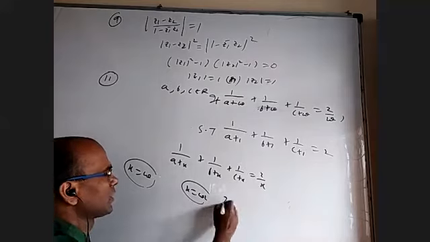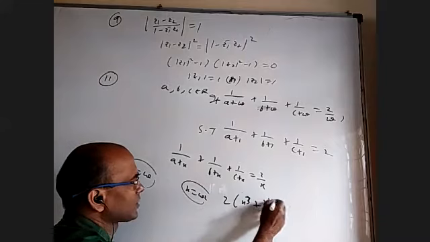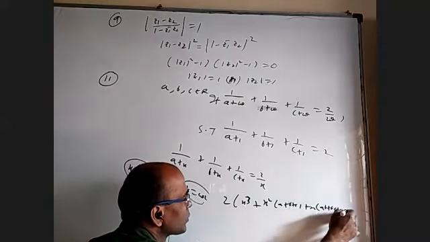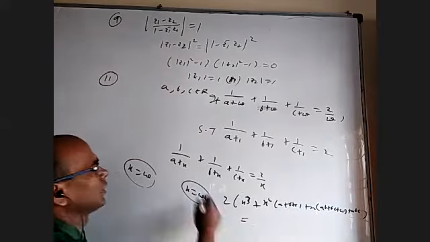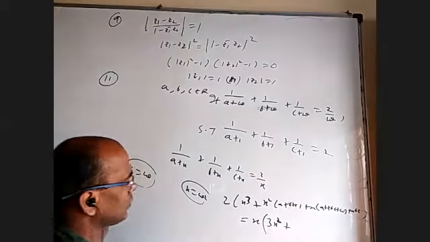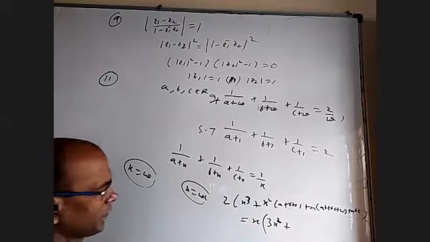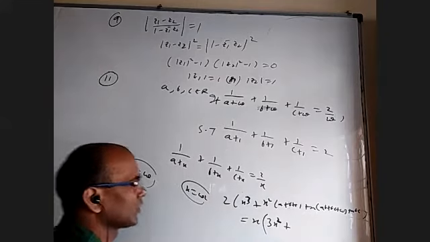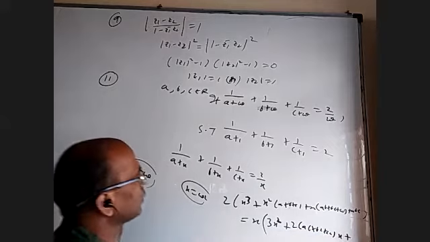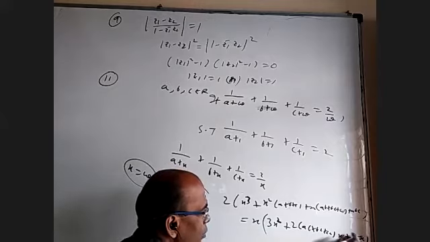If I bring that to this side, I'll be getting 2 times x cube plus x square into (a plus b plus c) plus x into (ab plus bc plus ca) plus abc. And here it is x times 3x square, because I'll get two things: 3x square plus 2 times (ab plus bc plus ca) into x plus abc.